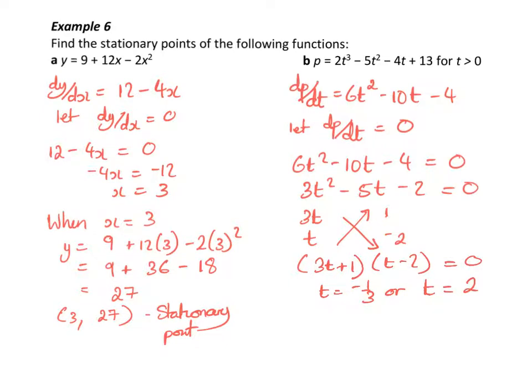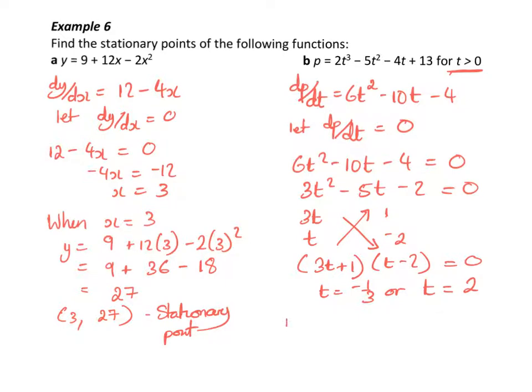Now, because in the original question we were told that t was greater than 0, we don't have to worry about the solution for t equal to minus 1/3. So let's just substitute in t equal to 2 into the equation.